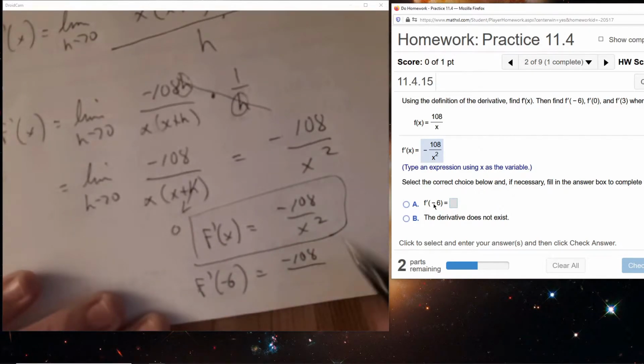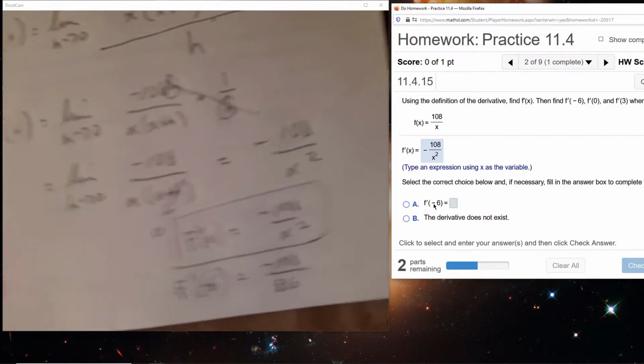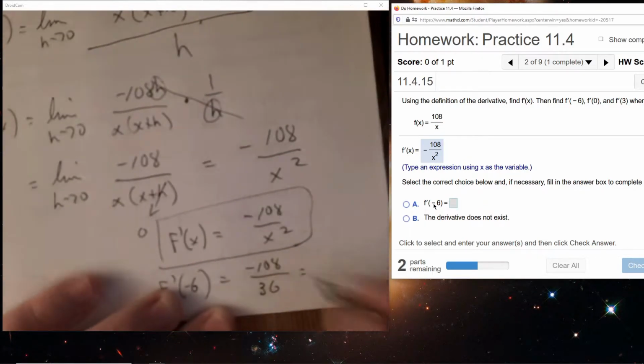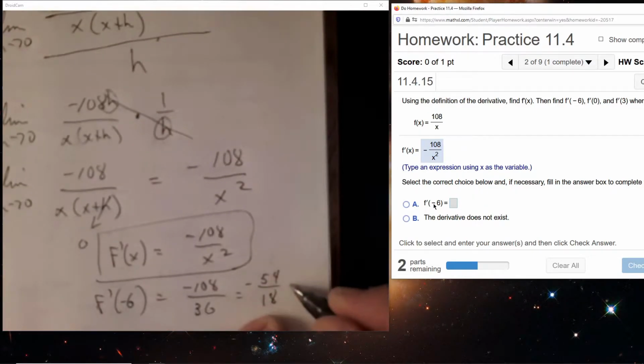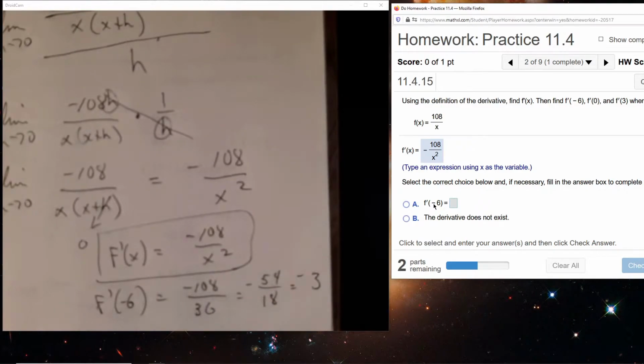And minus 6 squared is positive 36. And we can do some simplifying there. I guess good old division by 2 because we have even numbers. And there's actually a factor of 9 in common here. Actually, this is 3. 54 divided by 18 is 3. And that's our answer.